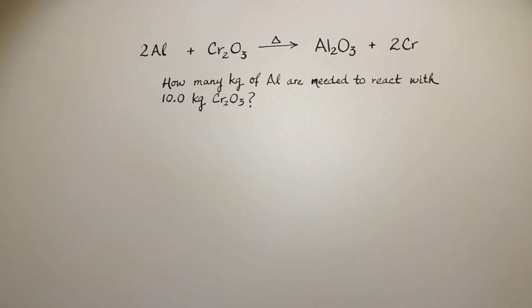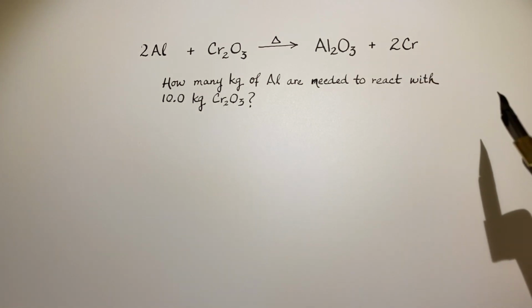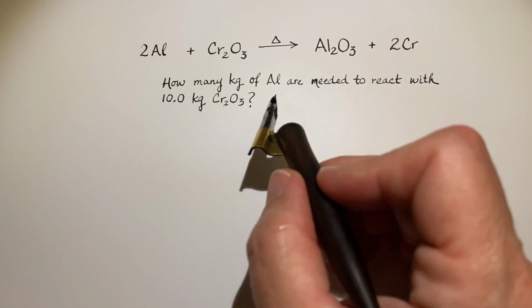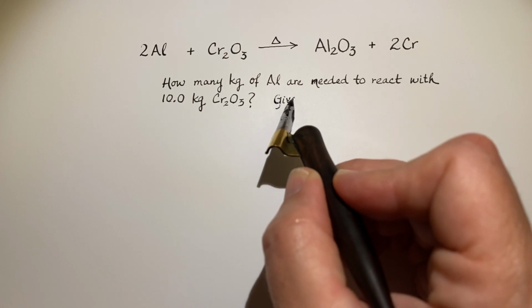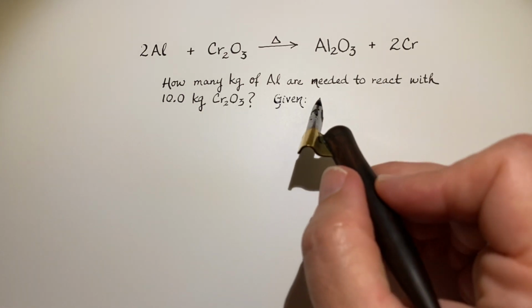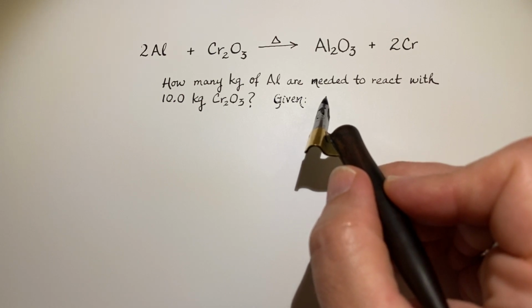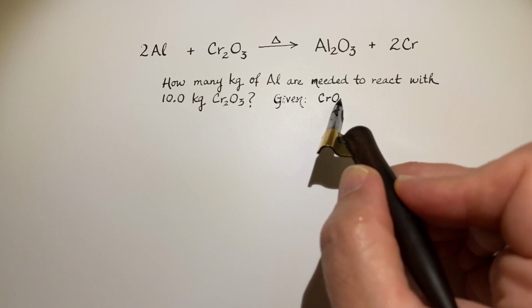So, stoichiometry problems. First off, we need a balanced chemical equation. We've been given that. But also, we will need a few other things. Usually, we'll be given the molecular mass, or formula mass, of chromium oxide.